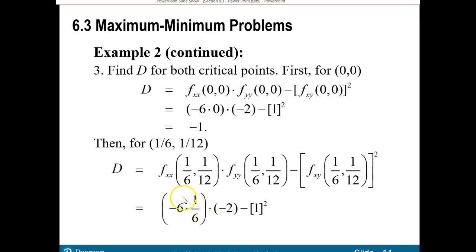So negative 6 times the x value again, that negative 6x was our second partial here, times the second derivative with respect to y twice, which was just negative 2, and then this one was 1. And we get 1, because negative 1 times negative 2 is 2, minus 1.